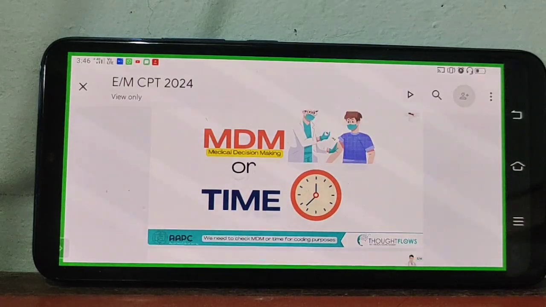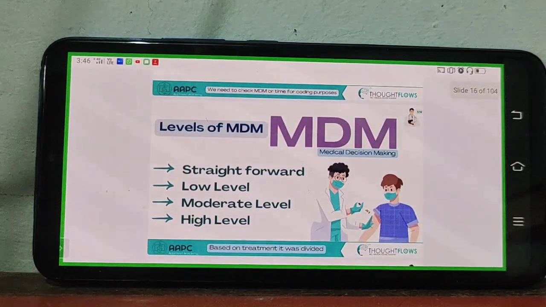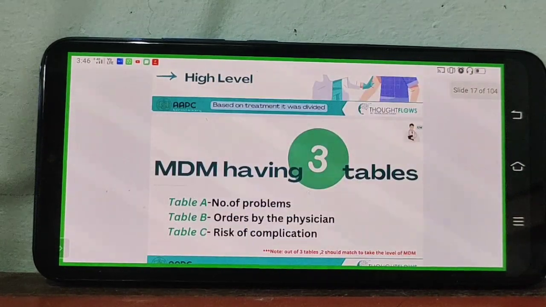Okay. So one minute, I will show that. See, this is the level of MDM: straightforward MDM, low MDM, moderate MDM and high MDM. These are the levels of MDM. Now, one minute, I will show you the code description.